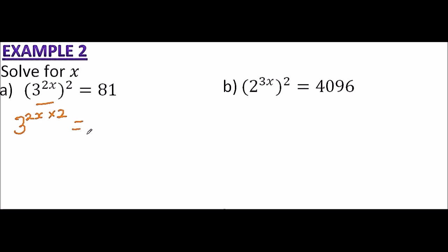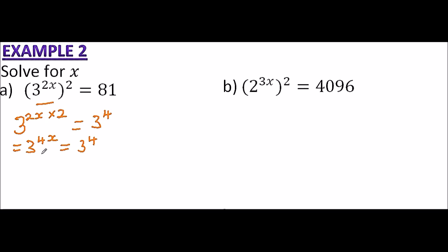On the right hand side, we write 81 in powers of 3 so that we have a common base, which is 3 to power 4. Simplifying here, we have 3 to power 4x is equal to 3 to power 4.